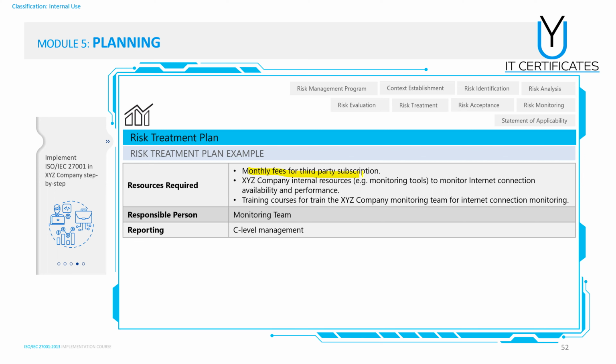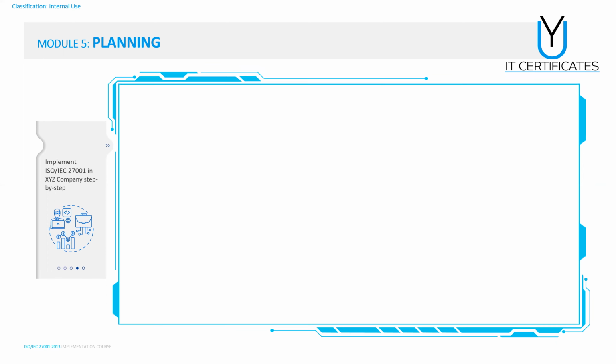Monthly fees for the subscription, XYZ company internal resources such as monitoring tools for internet connection speed and availability, and training courses to train XYZ company staff to monitor the internet connection. Who will be responsible? The monitoring team. It will be reported to C-level management and above.